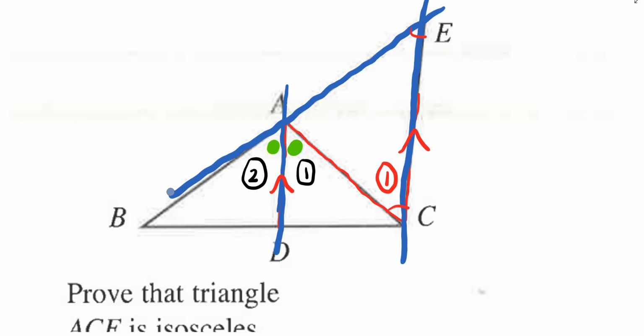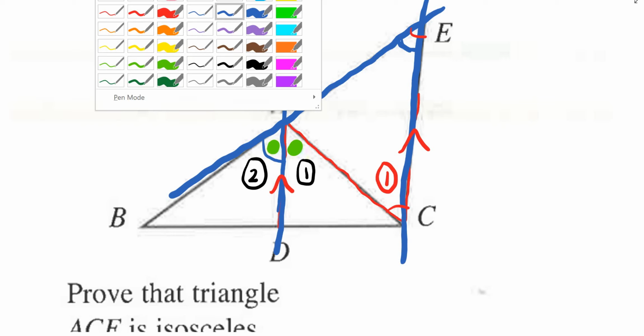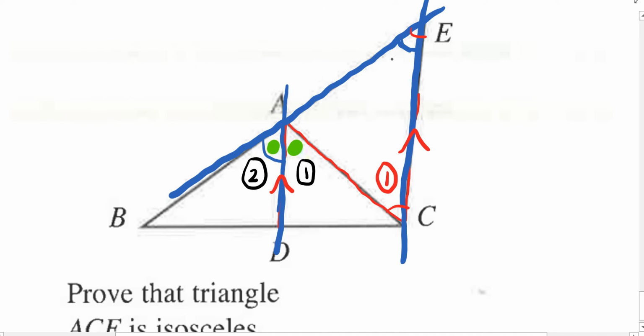Okay, so let me compare below the line. Below the line I have two angles that are corresponding angles. You see the two parallel lines, you see the secant, below the line, below the line. So this means that angle 2 and angle 2, which is angle E, are equal.